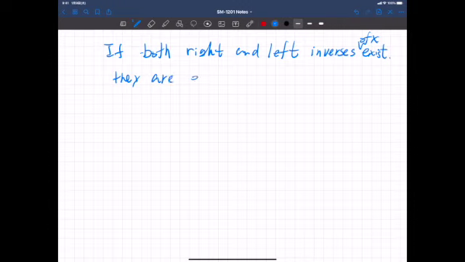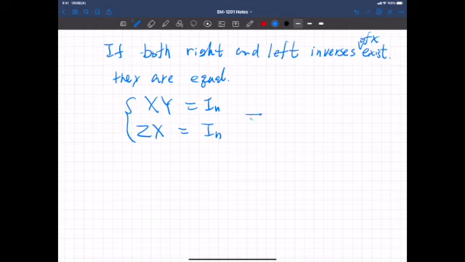This means if Y is the right inverse and Z is the left inverse of X, then Y is equal to Z.